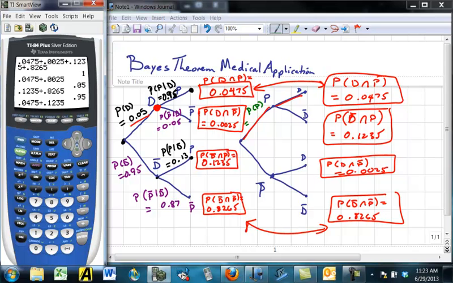If you add those together, that's all the possibilities for a person testing positive, and so that's 0.171. No, yeah, that's correct. 0.171. Yes.